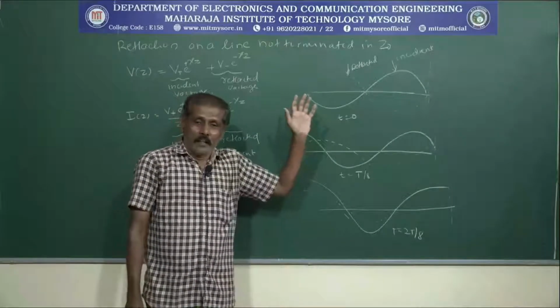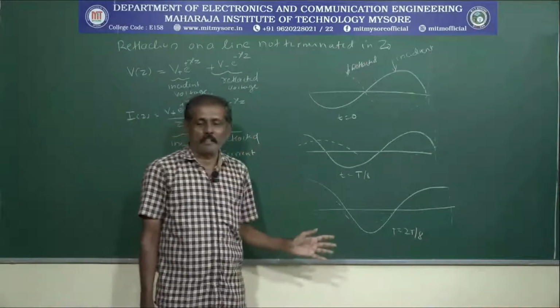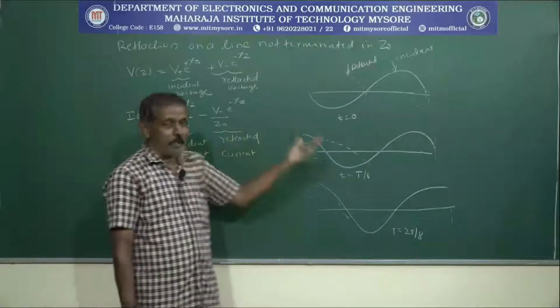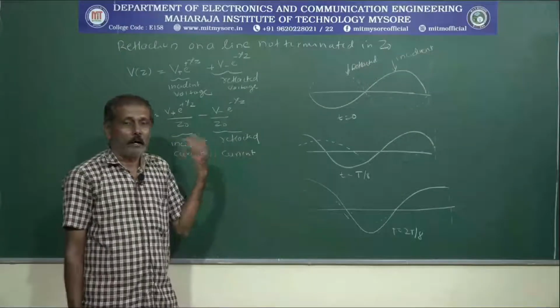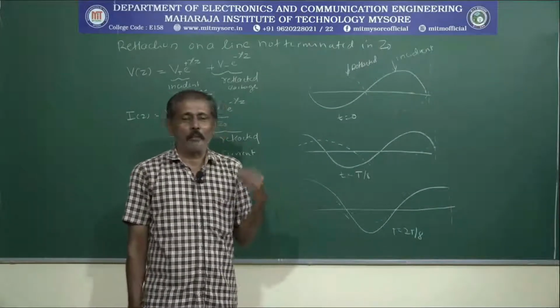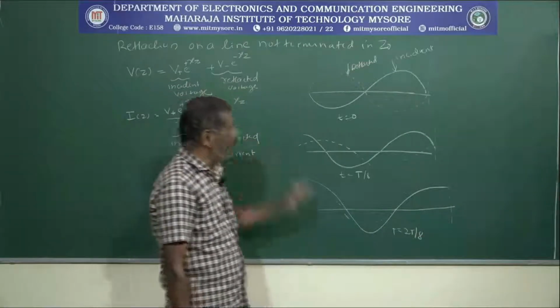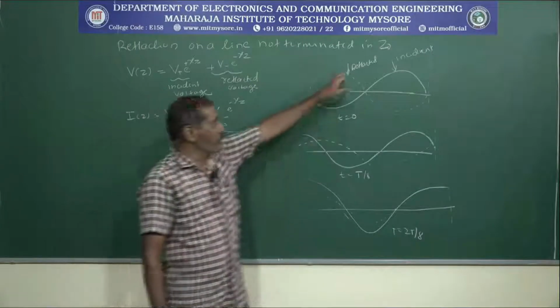If the entire signal you are sending is not absorbed by the receiving end, then some amount of the signal will be reflected back to the transmitting end, and this is an undesired phenomenon in transmission lines. This happens when your transmission line is not terminated with the characteristic impedance Z0.